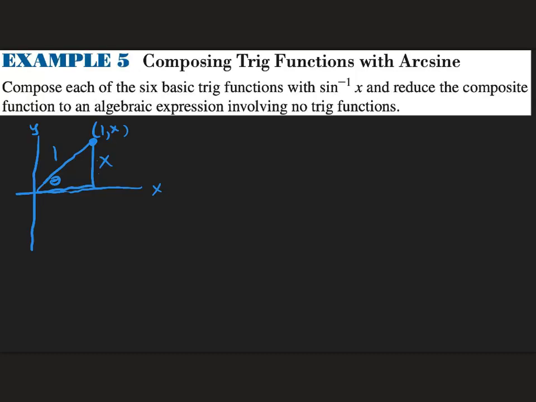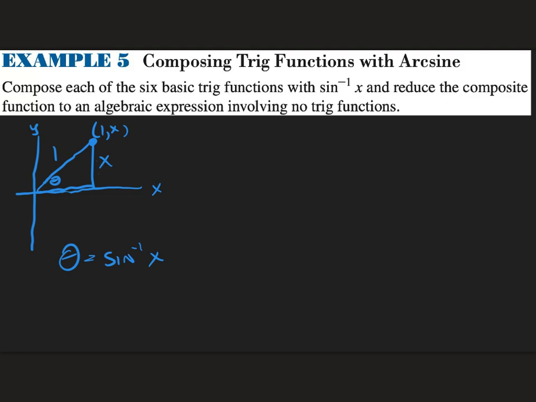Okay, let's look at our unit circle here. I know we have x as the height, but we're just using x as a general number, not necessarily the height, which should be y. Theta equals the inverse sine of x, where x is some number.